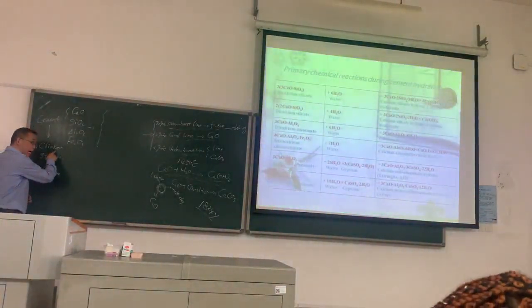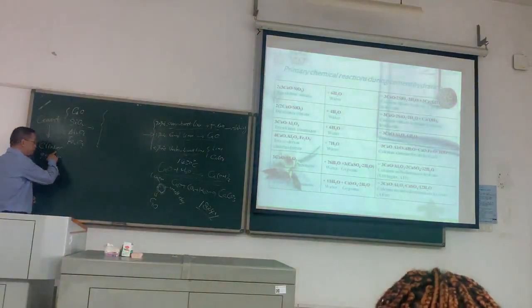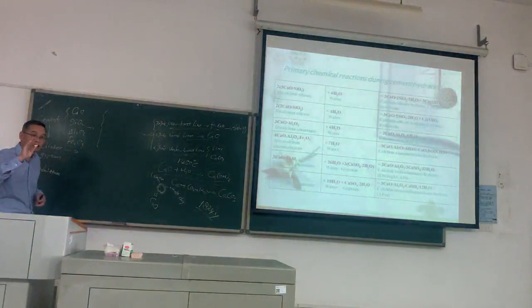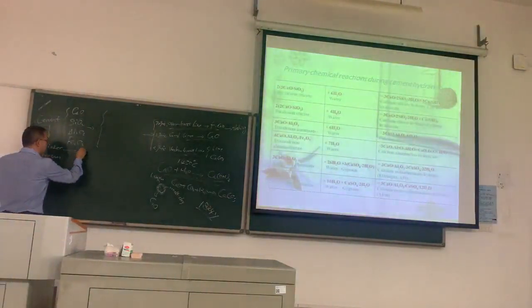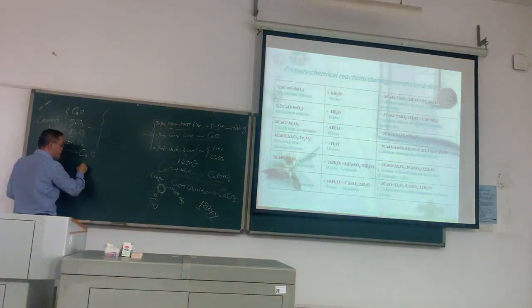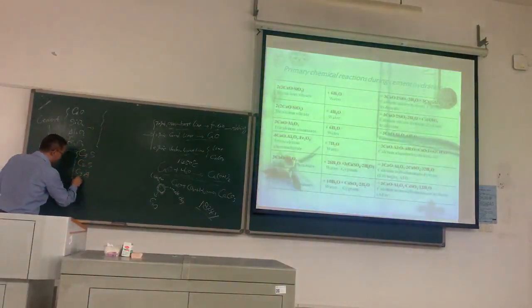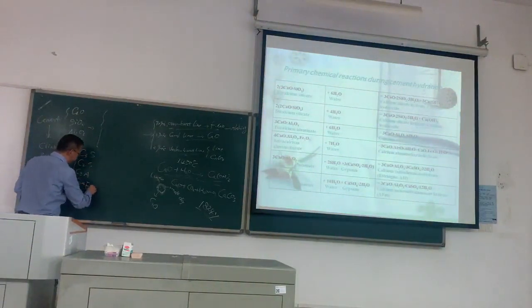And in the clinker, there are 4 compounds: C3S, C2S, C3A, C4AF.